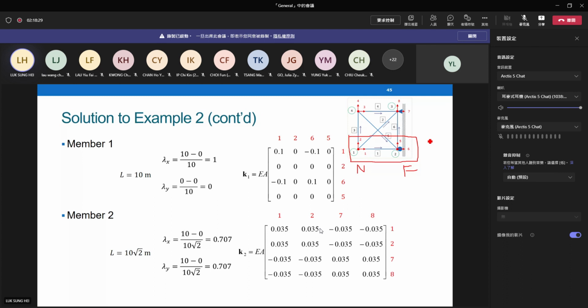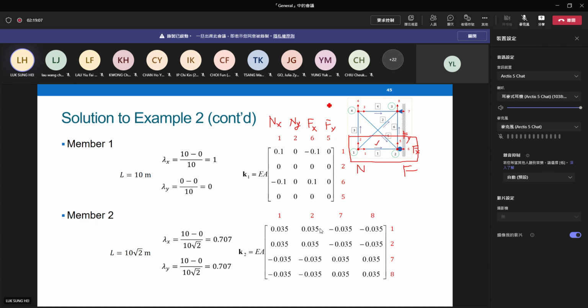The member orientation always points to node F of that member, with the arrow pointing to it, and the other side should be node N. So what is Nx? The code number corresponding to the Nx direction is 1. Ny, 2. Fx, according to the picture, Fx here is equal to 6. And then Fy, 5.